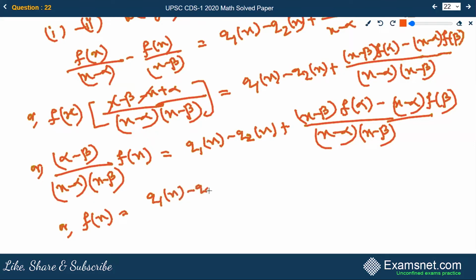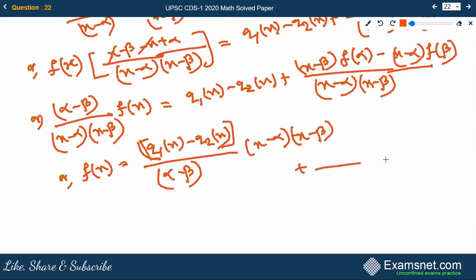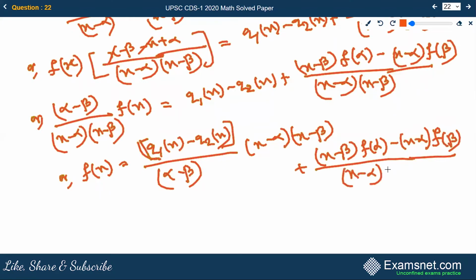q1x minus q2x by alpha minus beta multiplied by x minus alpha x minus beta, plus x minus beta f of alpha minus x minus alpha f of beta by alpha minus beta.